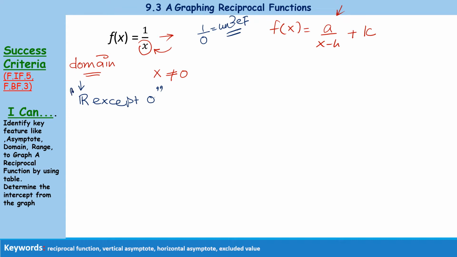Now normally we ask you to write the domain in the form of interval notation. For that purpose, try to make an imaginary number line. When you practice, there is no need to make a number line; you will be able to write the interval notation yourself. But let me explain with the help of the number line.